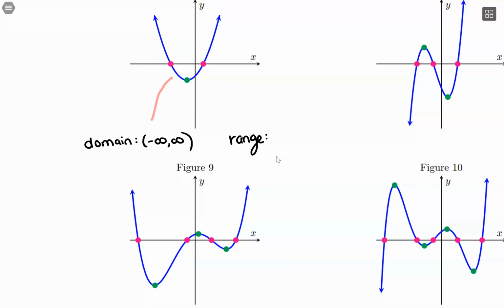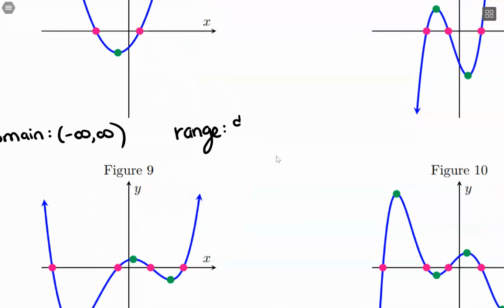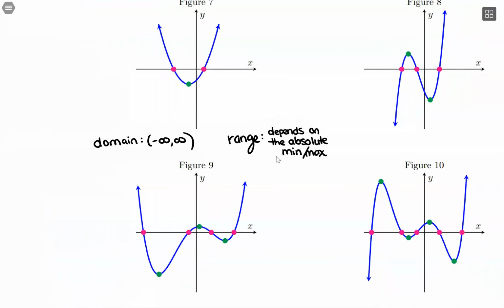Now this could switch around like we talked about with the reflections. So for the range, I'm just going to make a note that it depends on the absolute minimum, or actually the absolute minimum or maximum, because in that flipped scenario, it would be the absolute maximum.